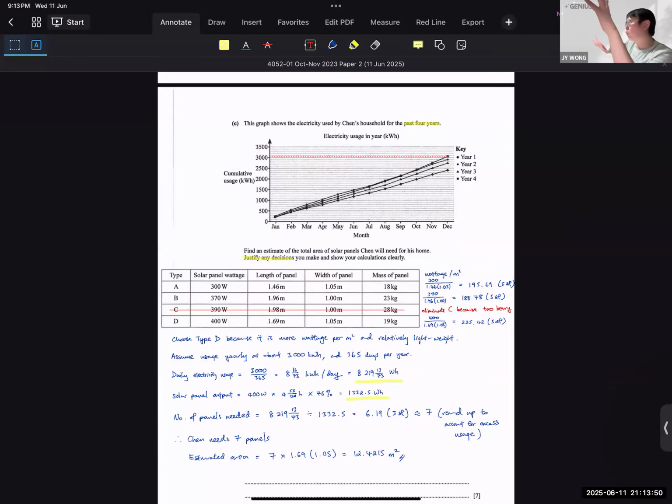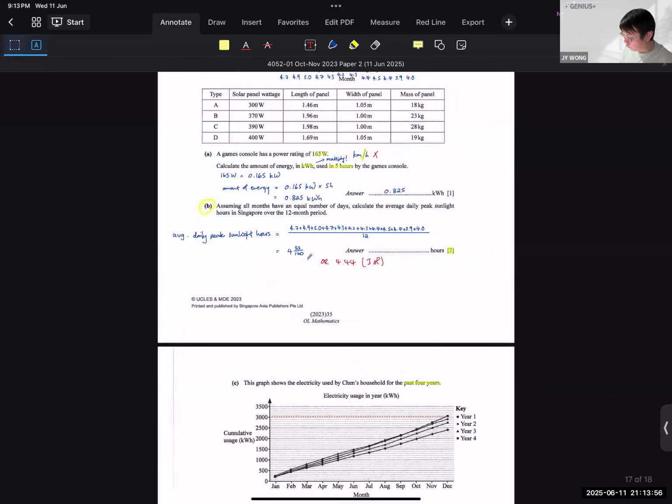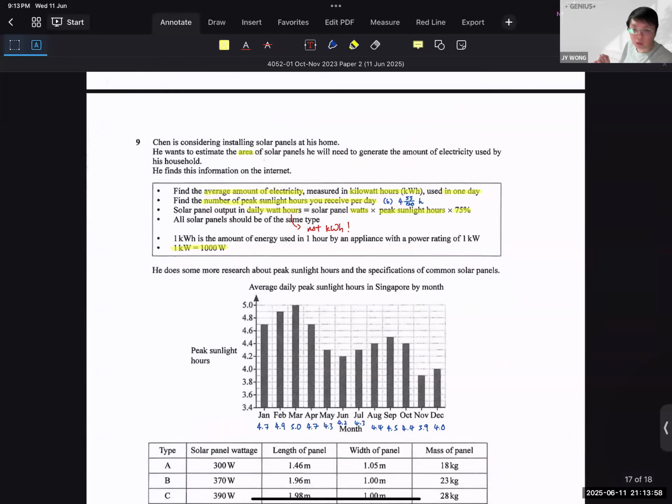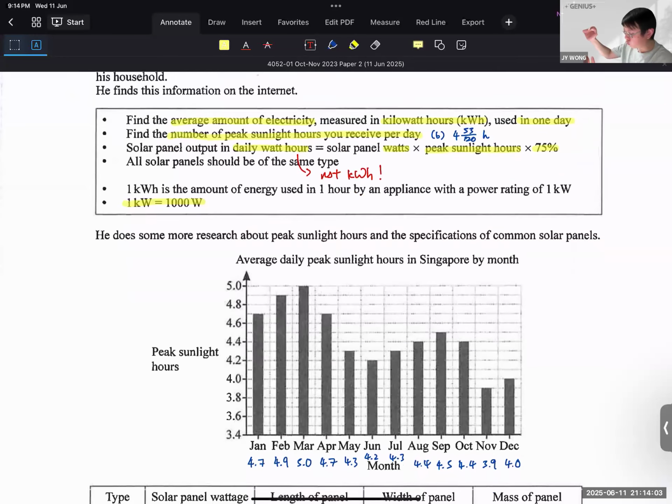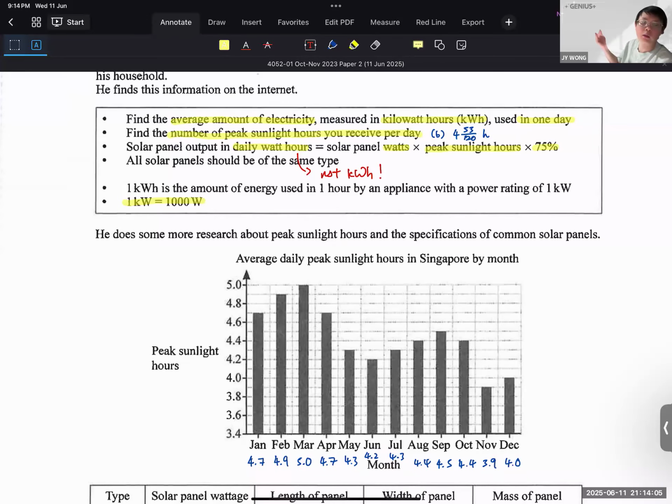I don't try to just at one shot try to find many things at one time. I do it in a systematic manner and ask myself, okay, what do I want? And you notice that I follow the flow chart that's given to me, right? I decide on which solar panel to use first. Then after that, I follow the flow chart that is given here to find step by step what I need to find. Just follow the process.